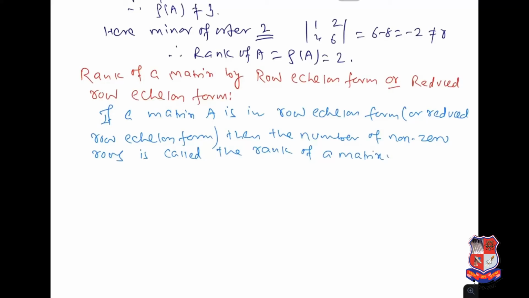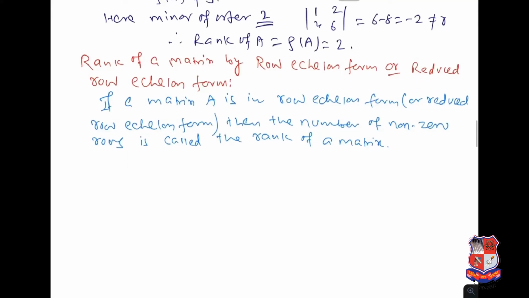So if we are given a matrix A, then apply the elementary row operations and convert it into row echelon form, or even applying column operations, convert into reduced row echelon form. The number of non-zero rows is nothing but the rank of the matrix.